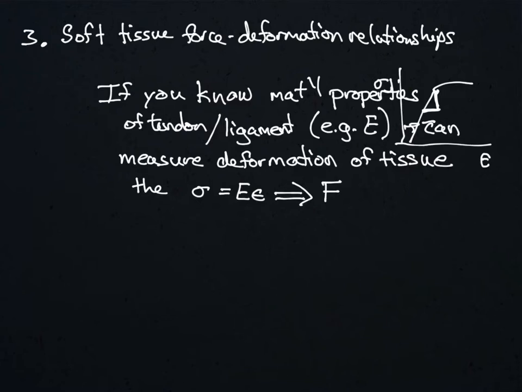So that's a really good idea in theory. That's great, right? It's a super nice way to do this, but the challenge is that you have a tendon, a muscle, and it's covered by skin. So it's really difficult to measure the deformation of this tendon. This is the Achilles tendon here.